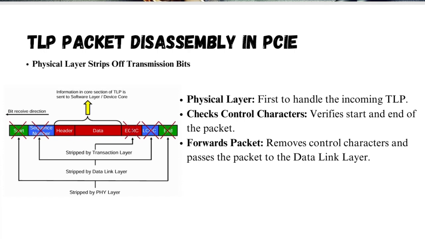so the transaction layer adds the ECRC at the end of the packet, as you can see here. Is my screen visible to you all? It is the structure of the TLP layer.